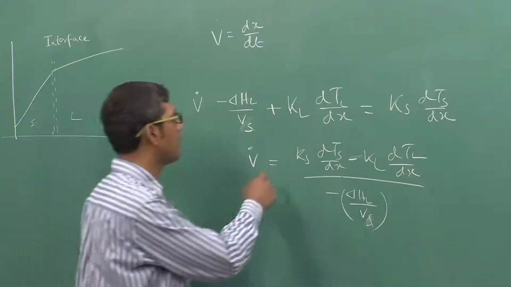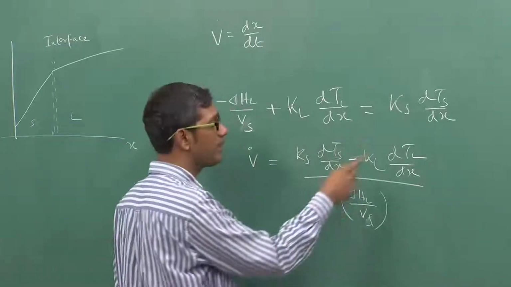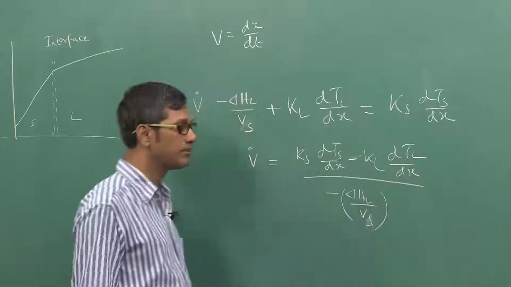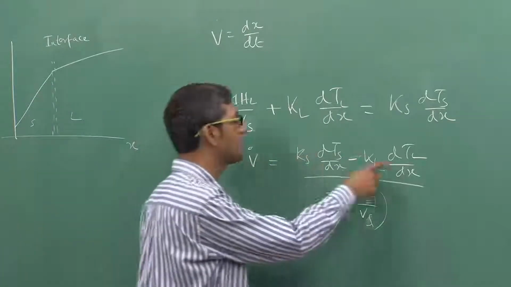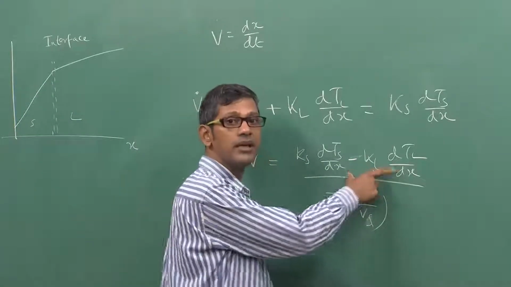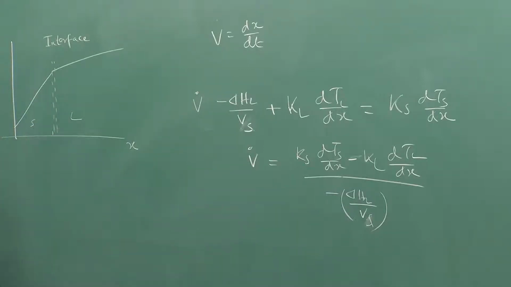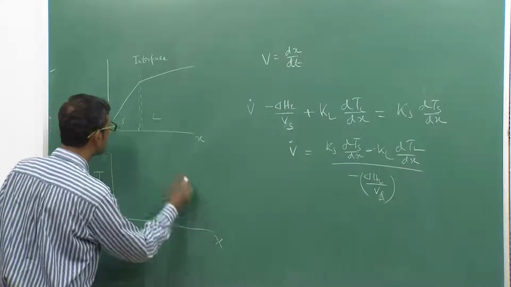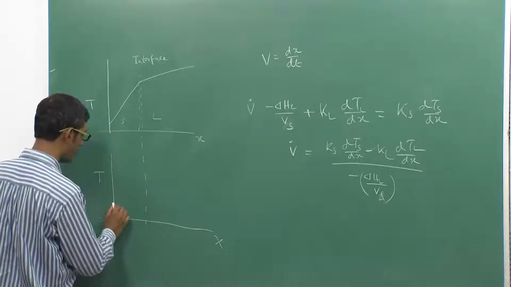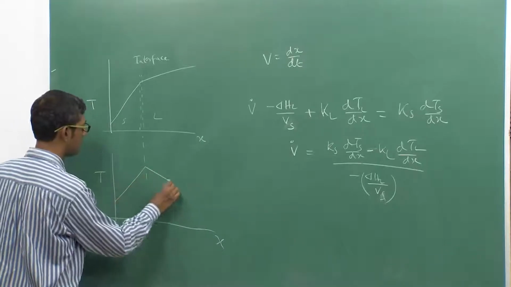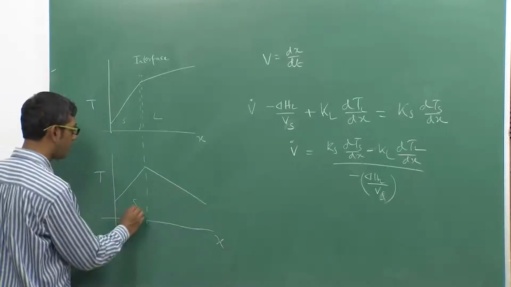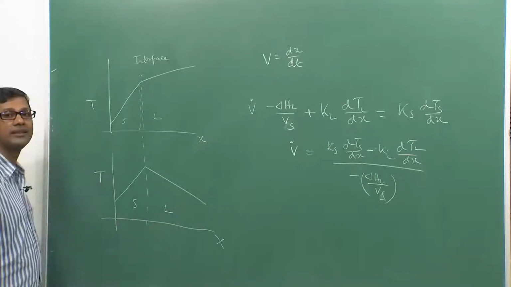So in order to maximize this, I must make dTl/dx negative, because if that is negative, then this plus this become a very high value. In that case I can make the system grow very fast. That is the reason it is better to have this situation which I have shown in the slide, where the temperature gradient in the liquid is negative.